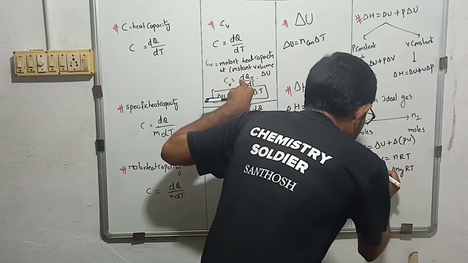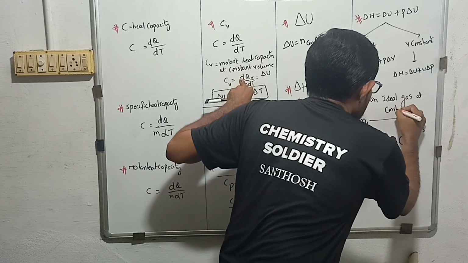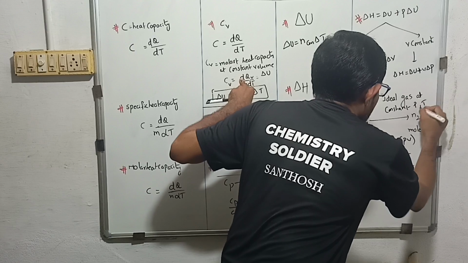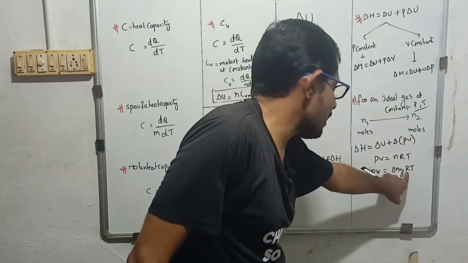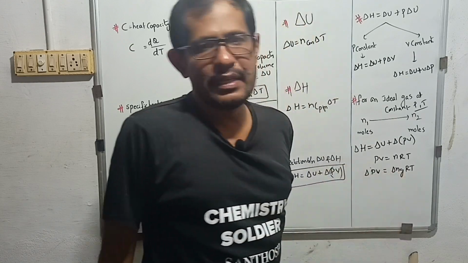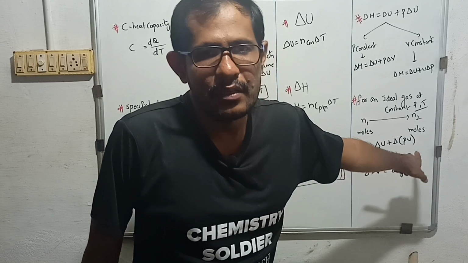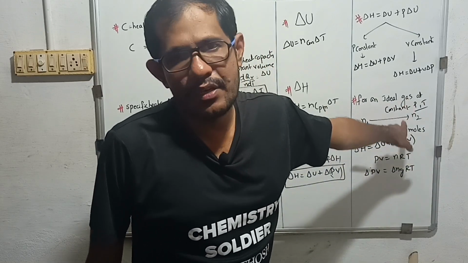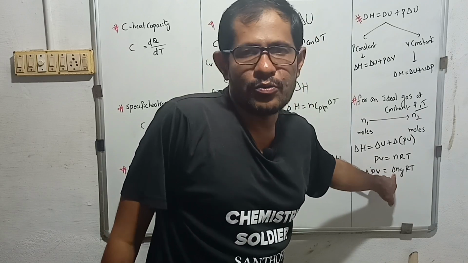This equation is at constant pressure and temperature, so R is constant and T is constant. I am not going to apply delta for them. R is the universal constant, and in the question he will mention T is constant. So I am going to apply the delta for moles.